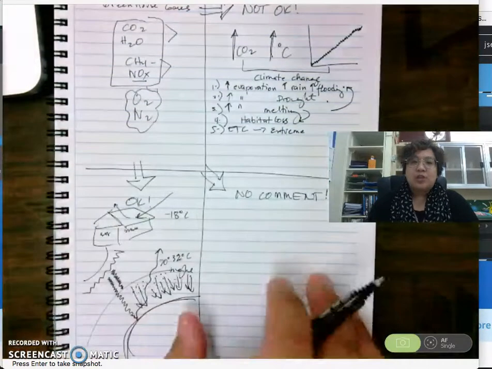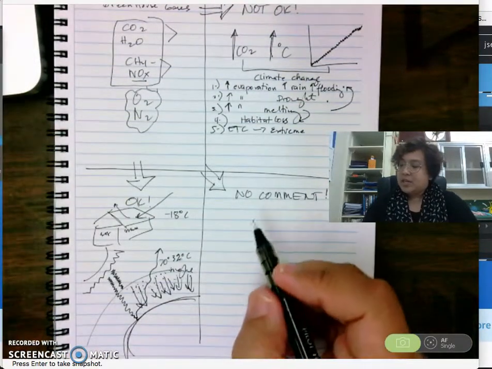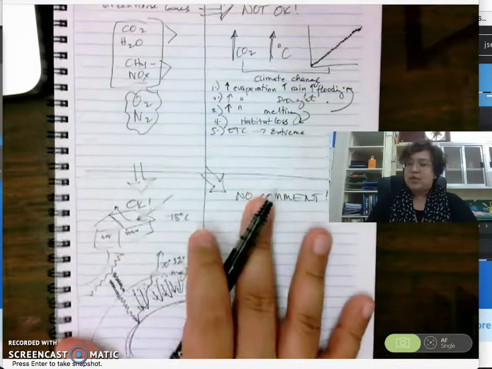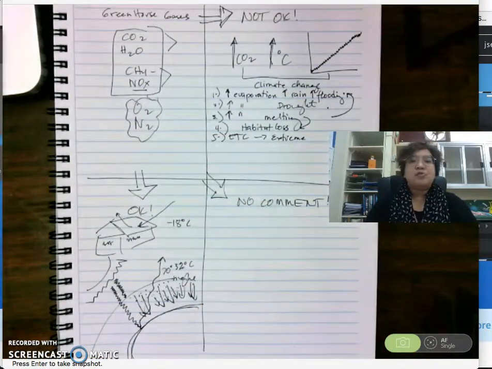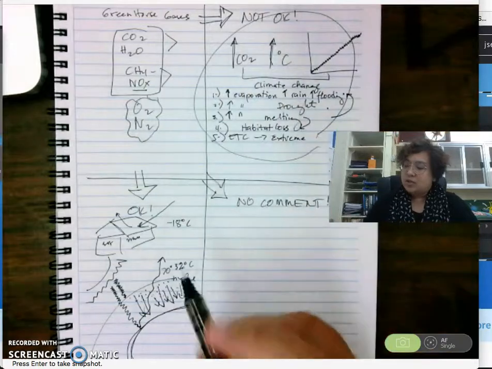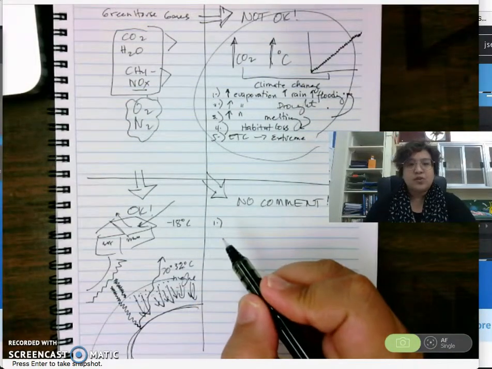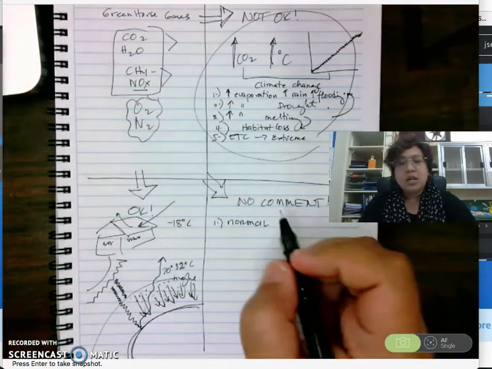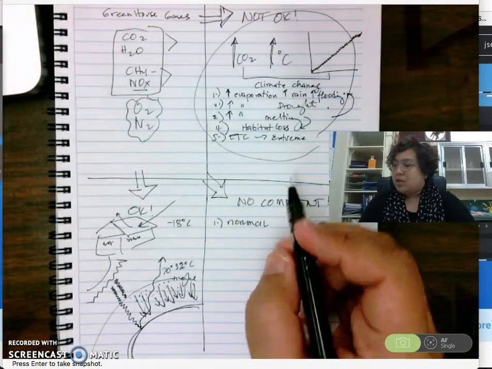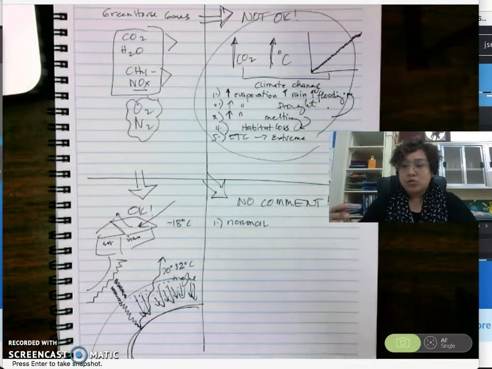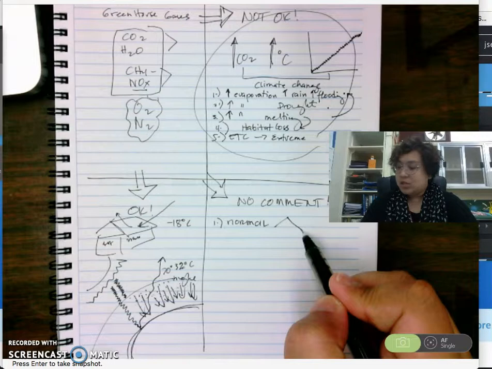So the last quadrant here is the no comment. This is just to basically balance or think about the impact of increased CO2 in the atmosphere. Does it really lead to this? So we have a few no comments here. First of all, it has been studied in ice caps that there is really a normal increase in CO2, then decrease, increase, decrease.